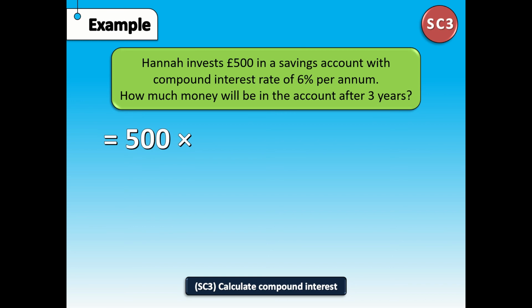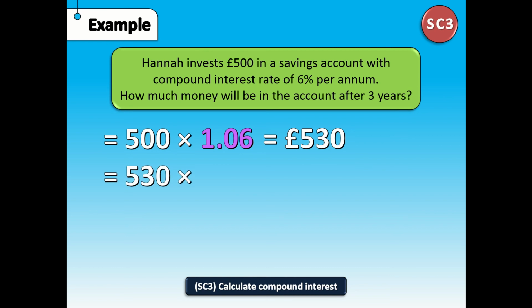So if we do £500 times by 1.06, because that's a 6% increase, that will be £530. In the second year, we do the same, £530, and we increase it by 6%. So that's now £561.80.